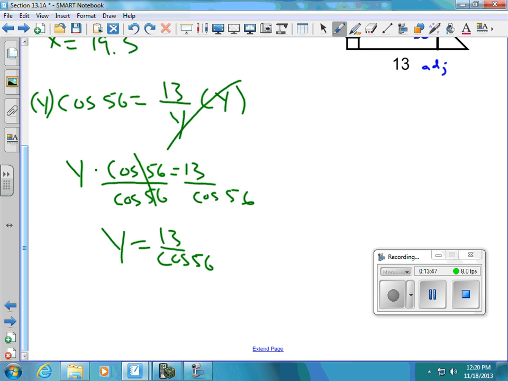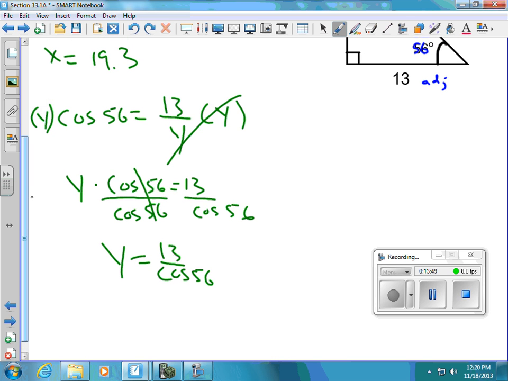What happened here? If we notice our original equation, basically the y and the cosine of 56 flip-flop. That's kind of the shortcut for it. I want to show you mathematically why that worked out, but basically, these are going to flip places when we're solving.